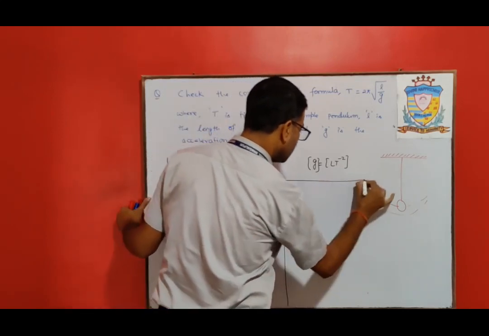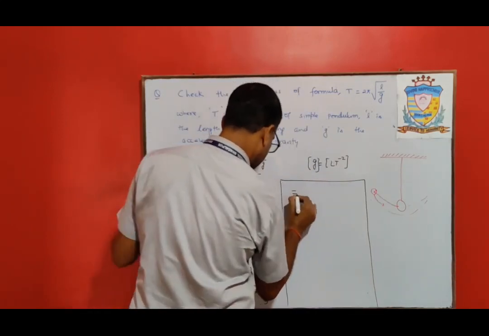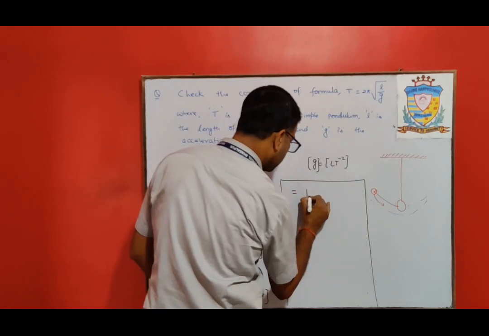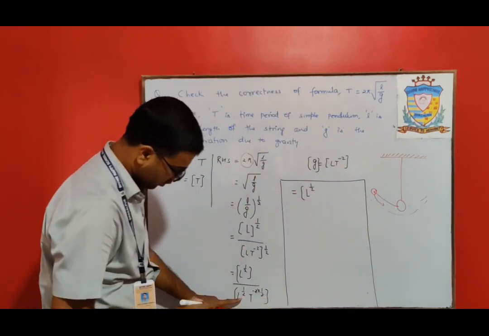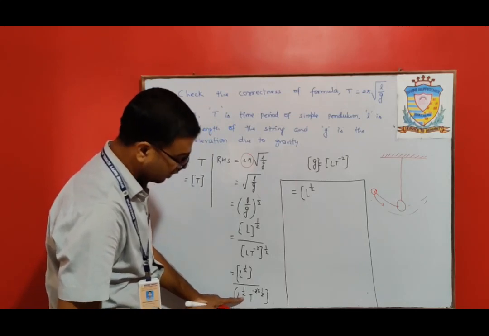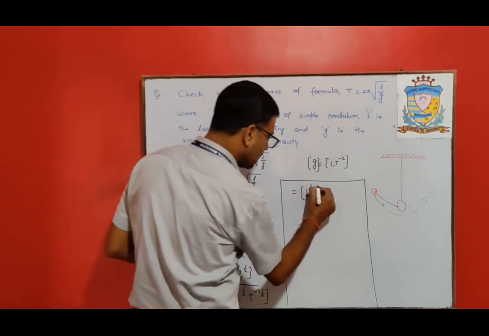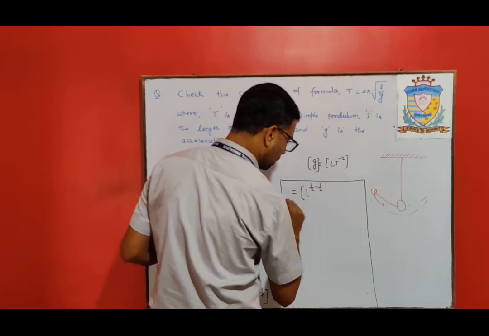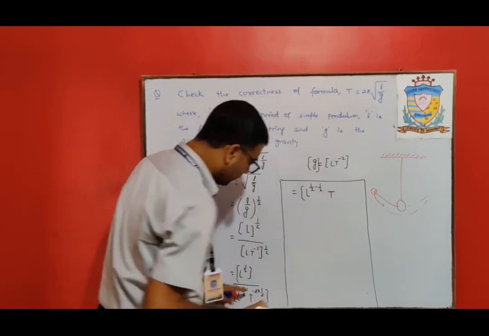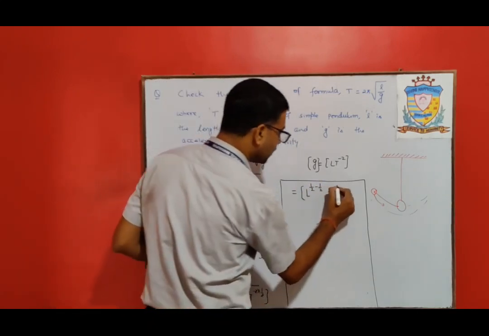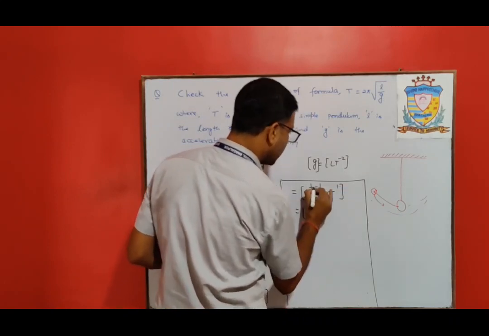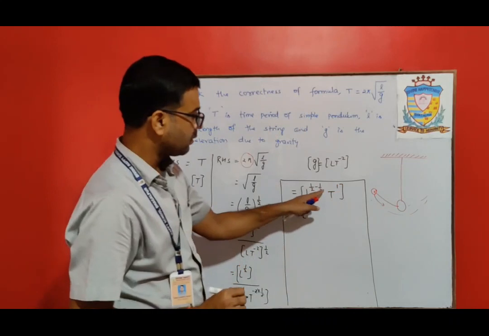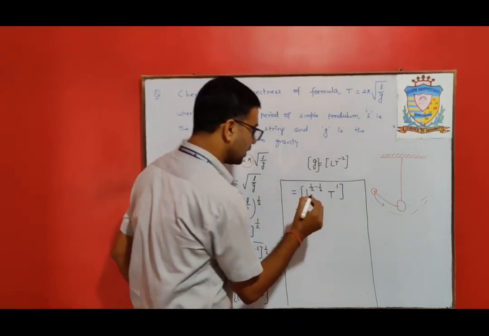Moving the denominator upward, the power of L becomes minus 1 by 2, and for T it becomes plus 1. So L to the power half minus half becomes 0, L to the power 0 becomes 1.